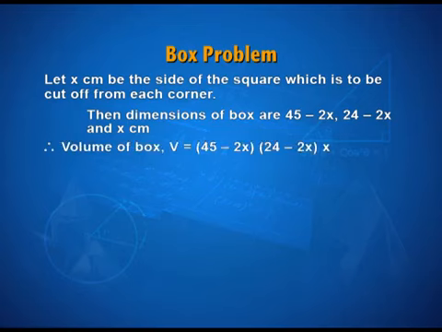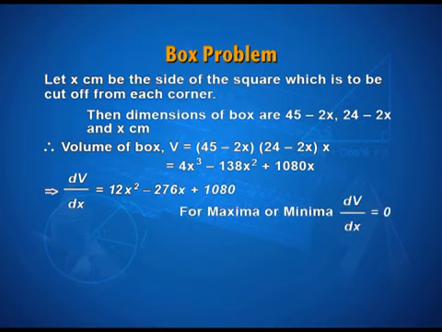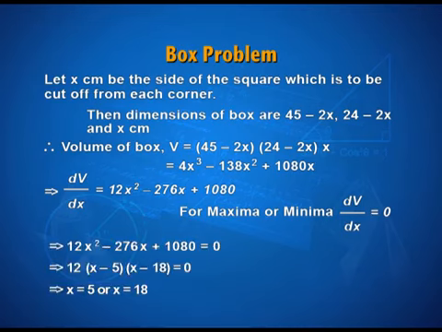So, the volume of the box, L into B into H, is a cubic function, resulting as 4x cube minus 138 x square plus 1080 times x. Find the derivative, because we are going to use the derivatives to find the point of maxima and minima. In this case, the derivative turns out to be a quadratic, which is going to be maxima or minima when it is 0, resulting in two values: x is 5 or x is 18.